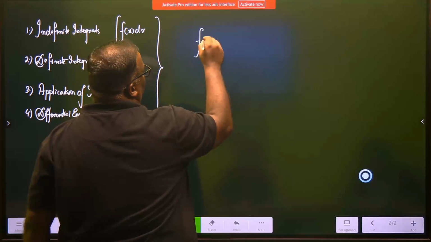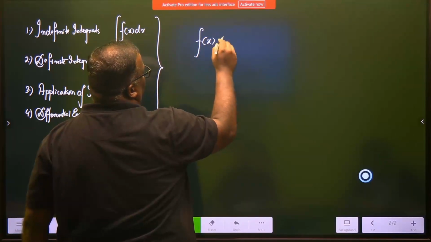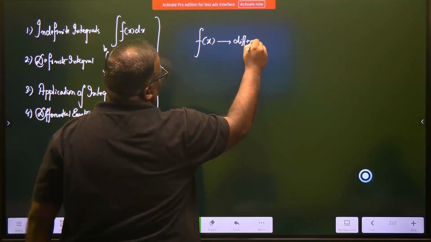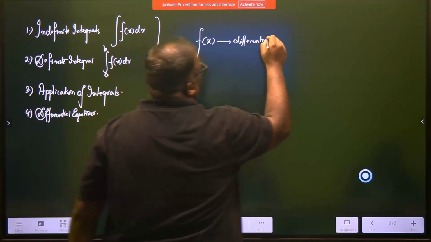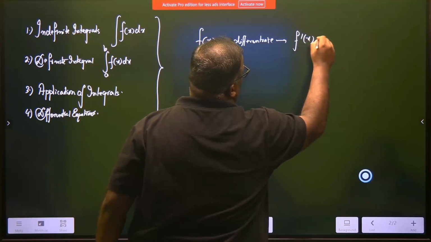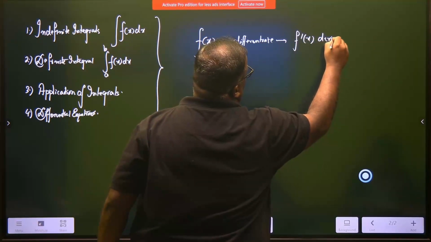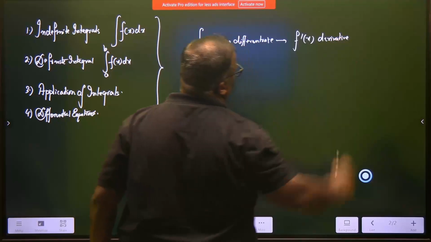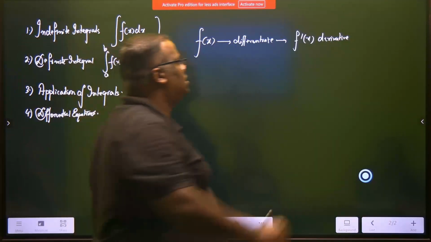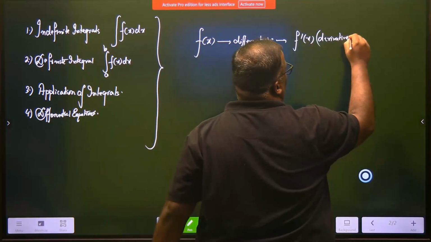Given a function f of x, if you differentiate, what you get is f dash x, which is known as the derivative of f(x).